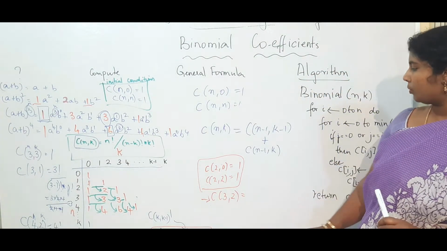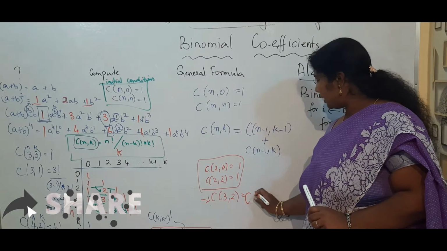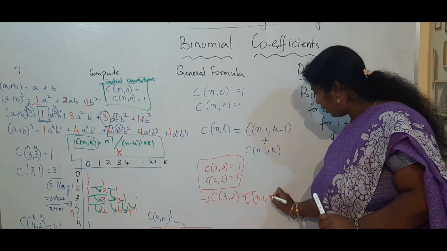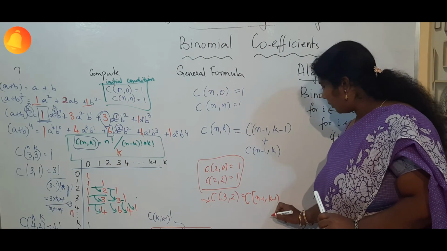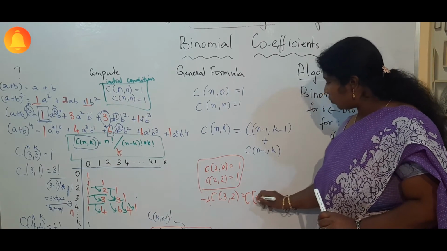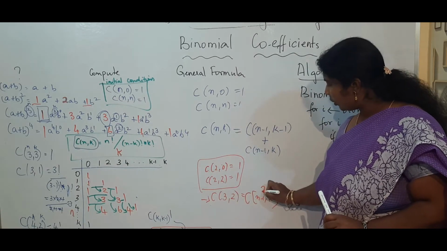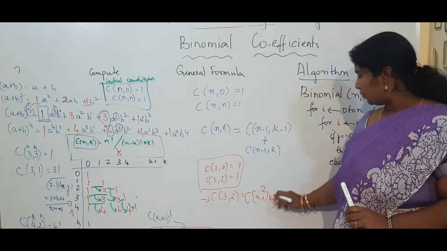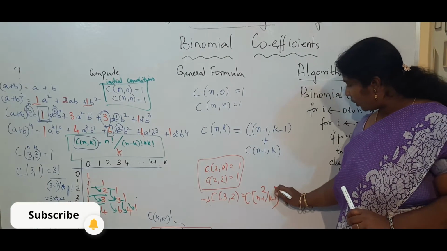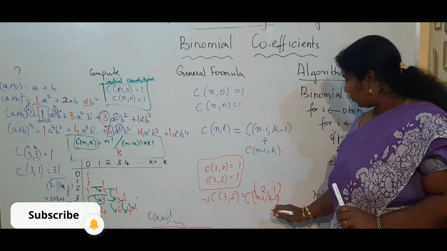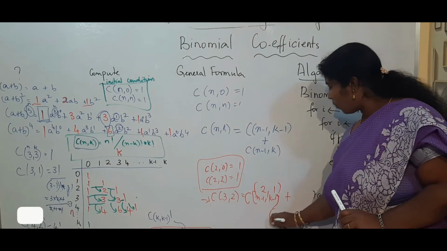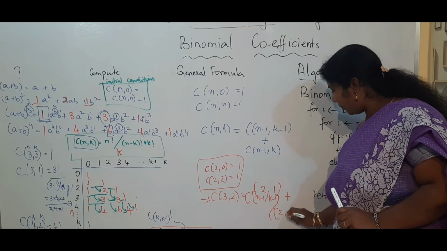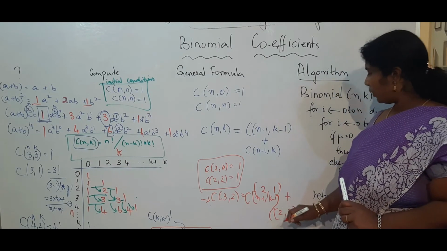How do I go about C of n minus 1 comma k minus 1? 3 minus 1 is 2, and k minus 1 is 1, so that is 2 comma 1.